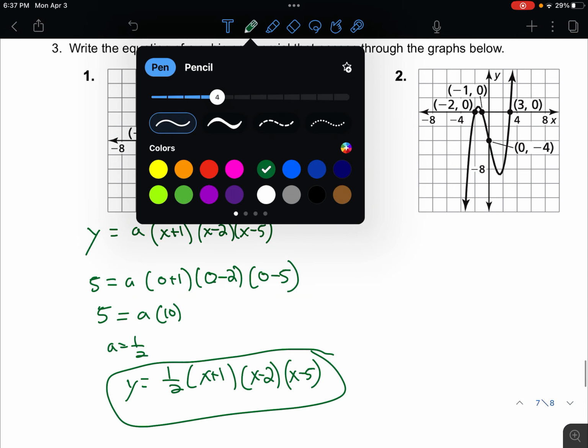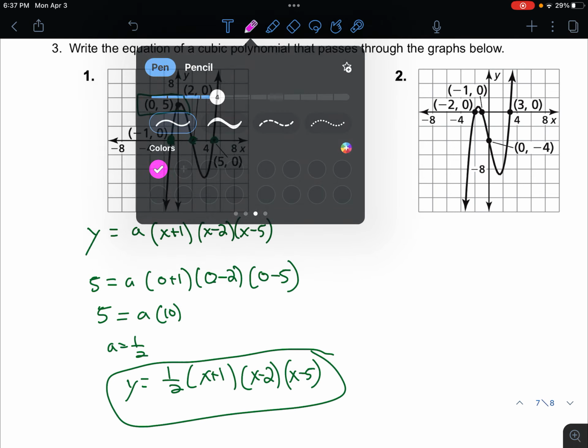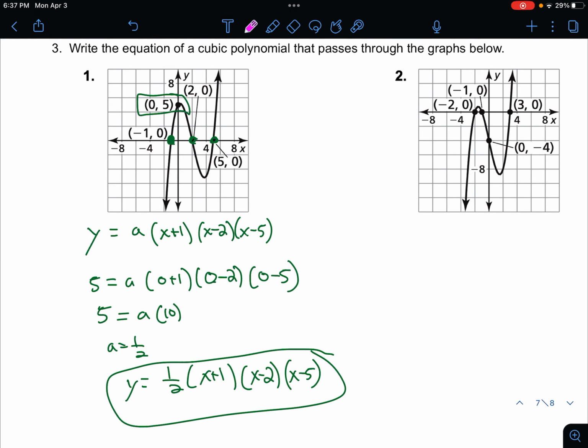And one more. What color do we choose? Purple, pink, maybe a fancy new color. Custom pink. All right, again, we got a cubic. Start with your zeros. Y equals a, x plus 2, x plus 1, x minus 3.